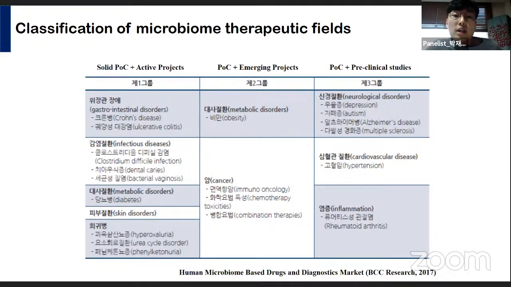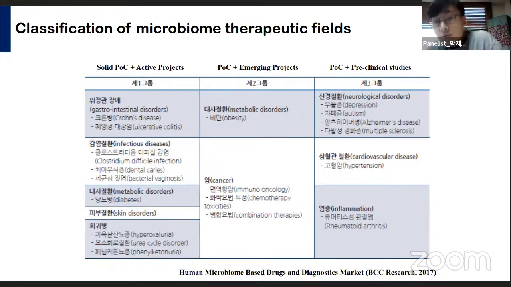The second group has a decent amount of proof of concept results, but not solid. So the products are emerging nowadays, and it includes obesity, which is a healthcare problem, and cancers. And cancer is not only including combination therapies with chemotherapy, but also with immunotherapy.